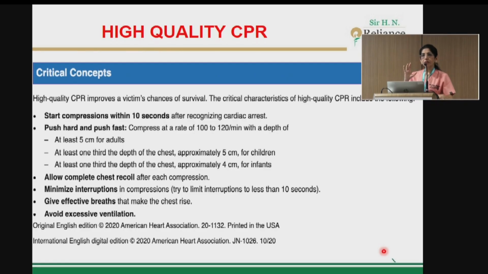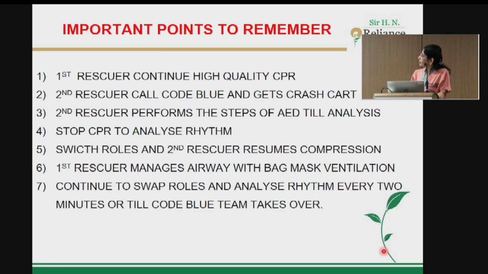So 5 centimeters or 2 to 2.5 inches in adults. For an infant, it is 4 centimeters or 1.5 inches. That much should be the compression, and allow for adequate chest recoil.